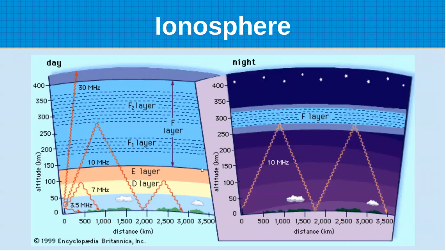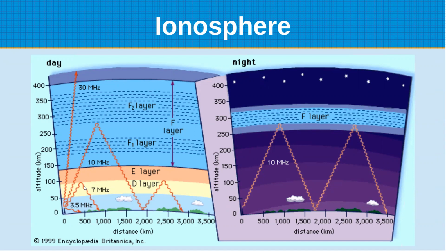This is another one I found showing the day-night differences in frequencies. So here you've got your 80 meter, 3.5 megahertz, which is, I guess, doing ground effect.